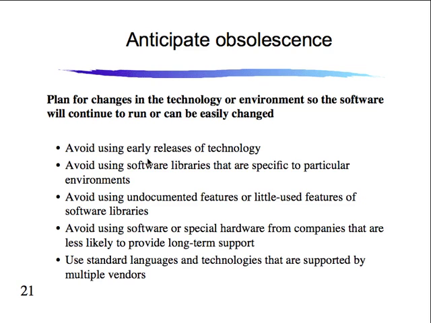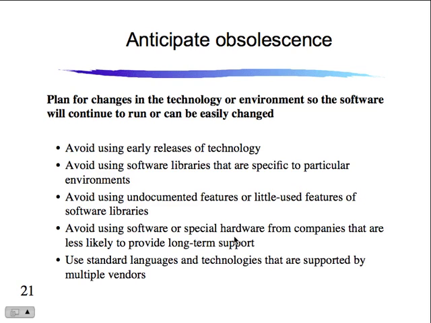And avoid using undocumented features or little-used features of software libraries. This happens all the time. Somebody in tech support or some back-end programmer made a fix to the driver so it works, but then you upgraded your operating system. Now it doesn't work. Or it's not supposed to be used for this, but it works. How long is it going to work for? You don't want to base your entire application on it.